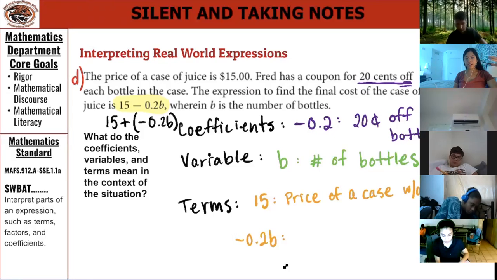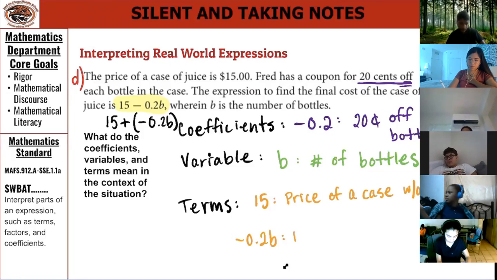and then negative 0.2b, you put those together, it gives you a brand new context. And what does that mean now? The total cost. I would use a different word than cost. Think about it.